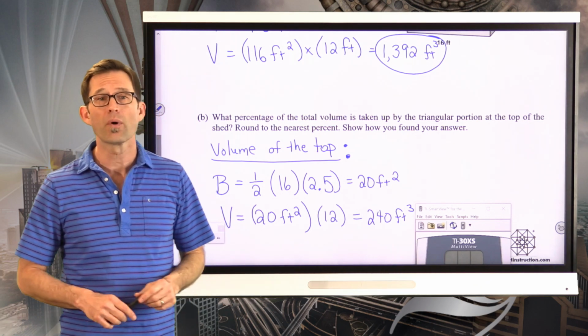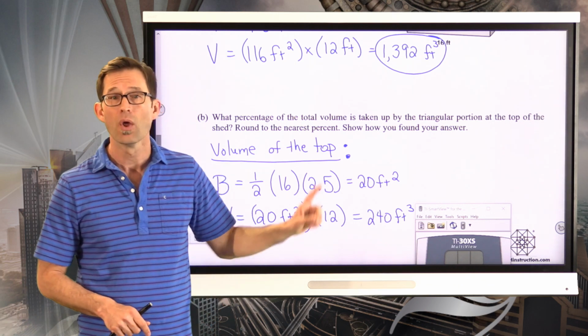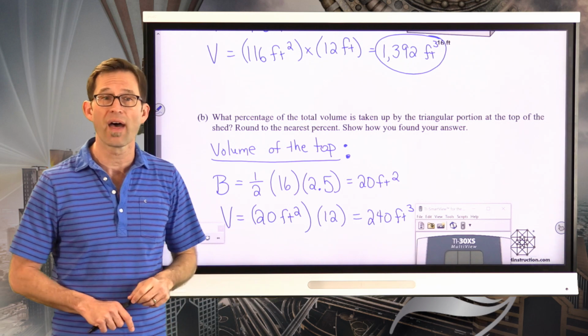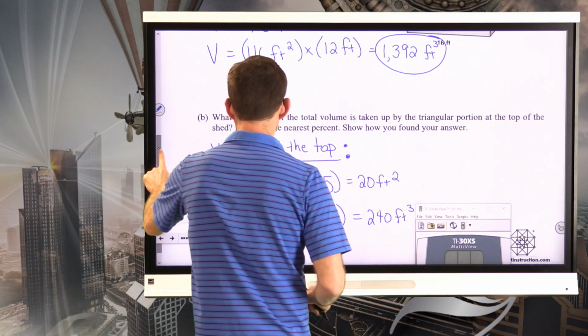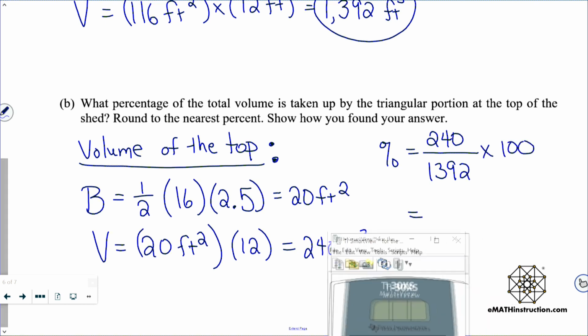Now remember, whenever we want to take a fraction of a whole and change it into a percent, we're just going to take the part divided by the whole and then multiply that by 100. So if I take my 240 and I divide it by 1,392 and I multiply by 100, that will give me my percent.